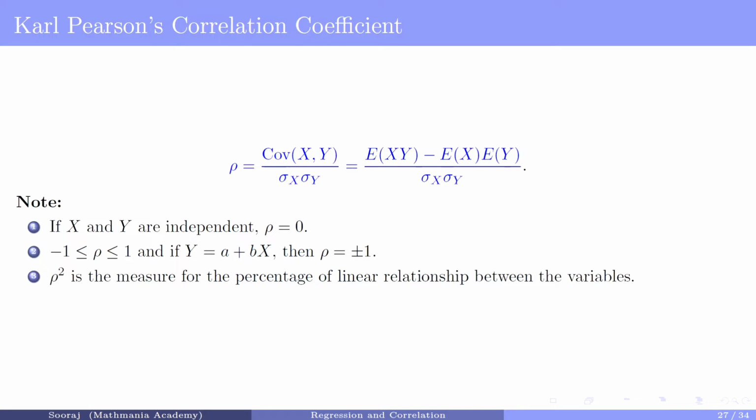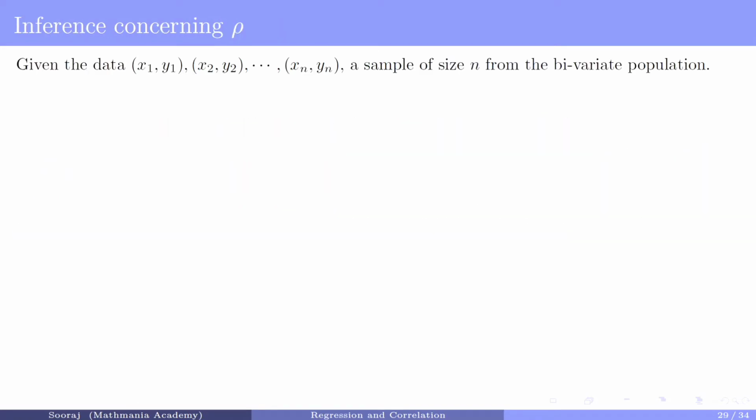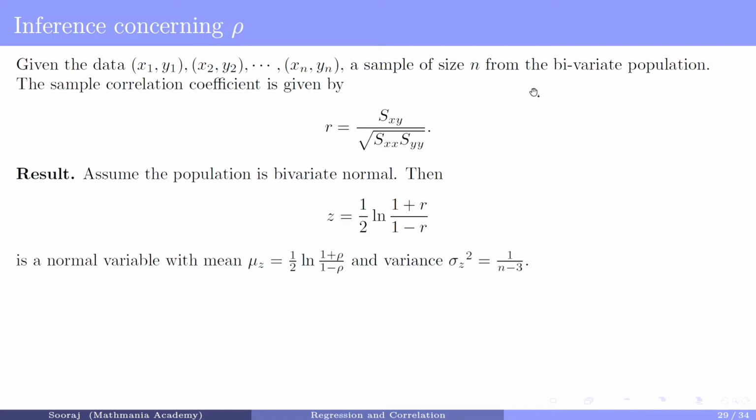Finding the covariance is a straightforward question, so that is not what we are interested in in this video. We are interested in the inference concerning rho. So once we have bivariate data, from a bivariate population, the sample correlation coefficient is given by r equals Sxy divided by the square root of Sxx times Syy.